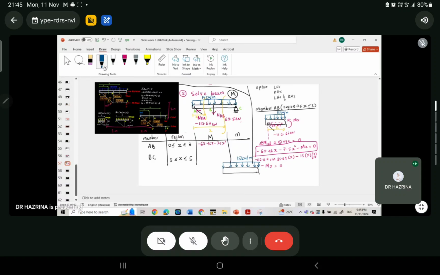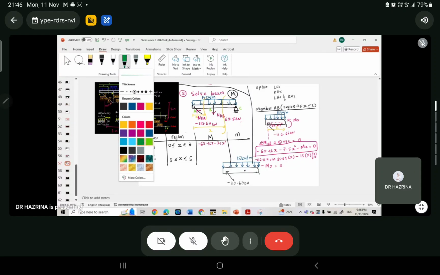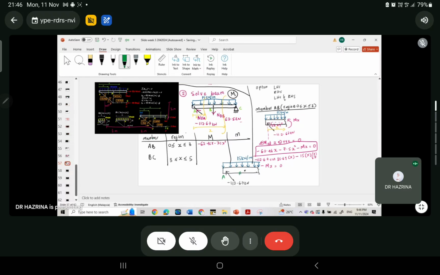Alright, and then you akan ada negative 112.67 kilonewton. Dekat B, sebab sini dekat A, sini dekat B. So dekat B ni you ada ke bawah, which is 62.5 kilonewton. So the equations that you have here, basically you kena tambah je dengan yang balance tu.